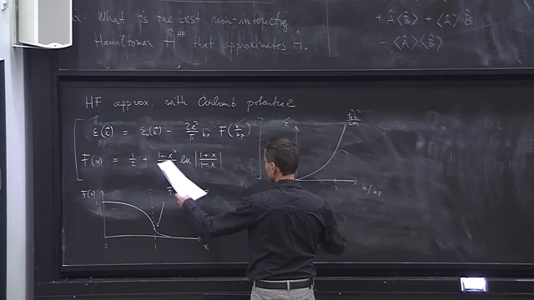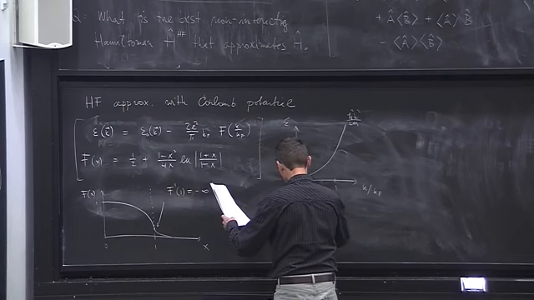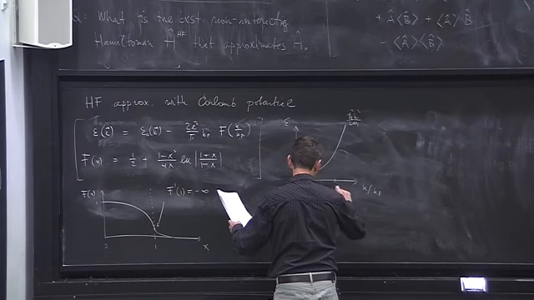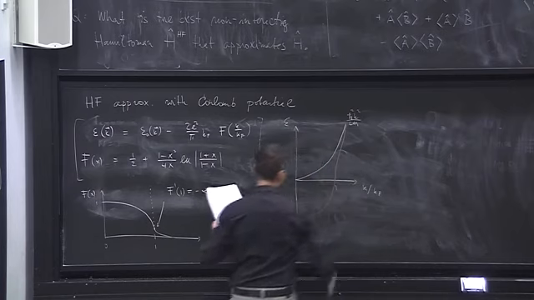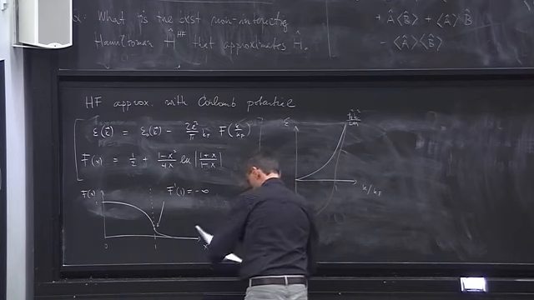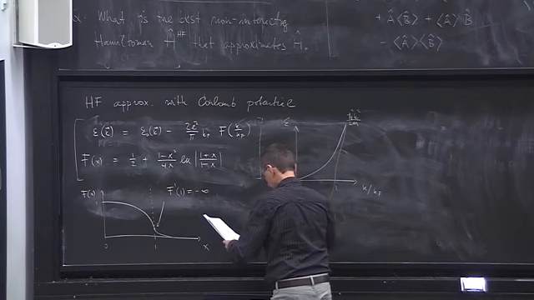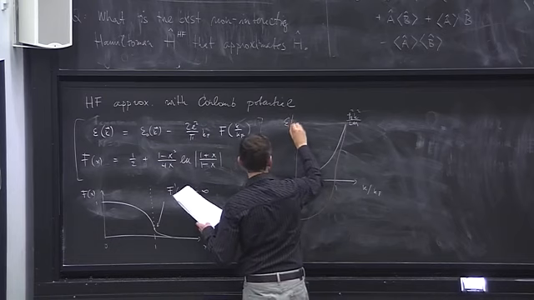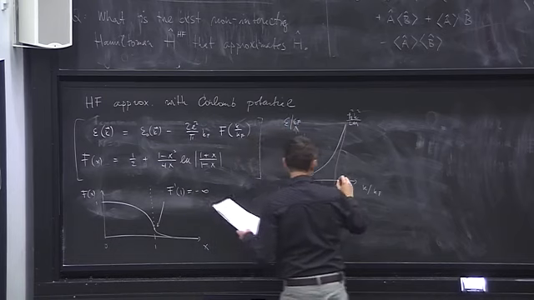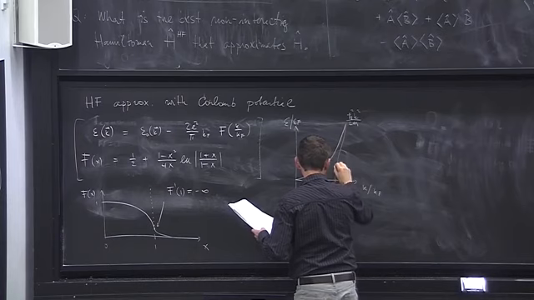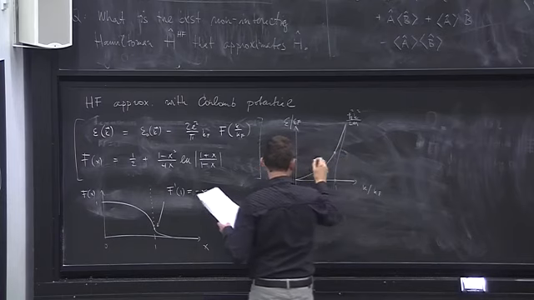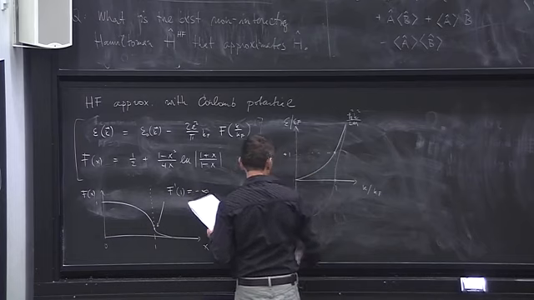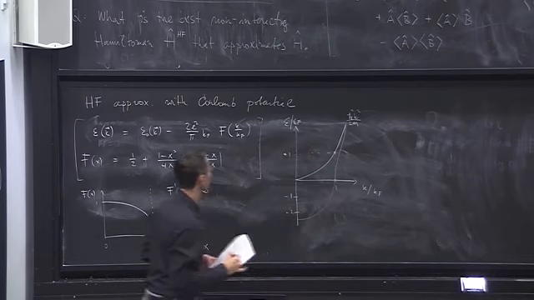Then this Hartree-Fock corrected energy looks something like this. This is roughly -2. This is -1. And what I'm plotting here is E over the Fermi energy. So for non-interacting, this will be +1, and so on.